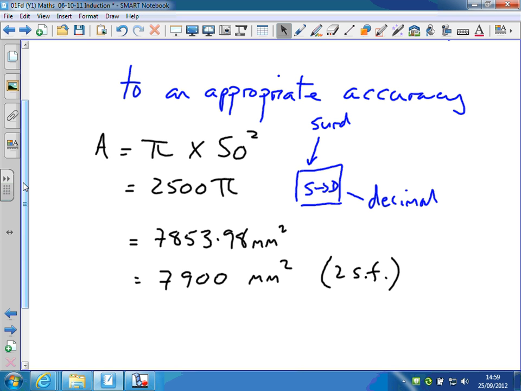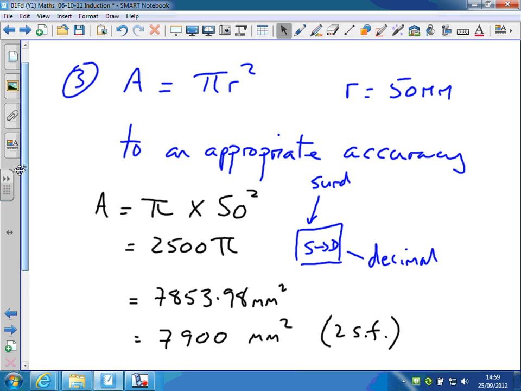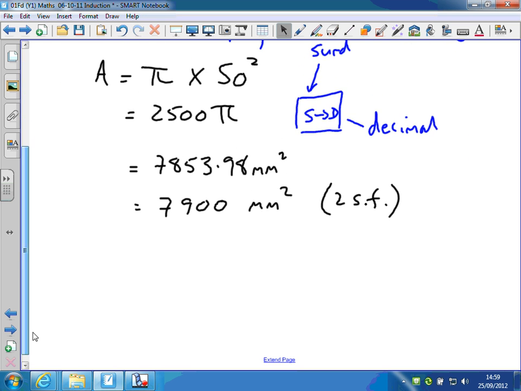But really, as far as an engineer in an engineering situation is concerned, if I really want to know what the area of this thing is, if it's the area of the end of a piece of metal or something, and I've measured the radius of this piece of metal with a ruler, and it comes to 50 millimeters, then if I'm going to carry on and work out anything else to do with this, like the density, the volume, etc., I really do need to keep in mind the accuracy.